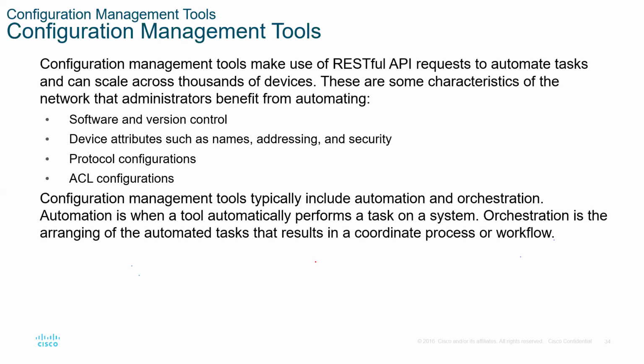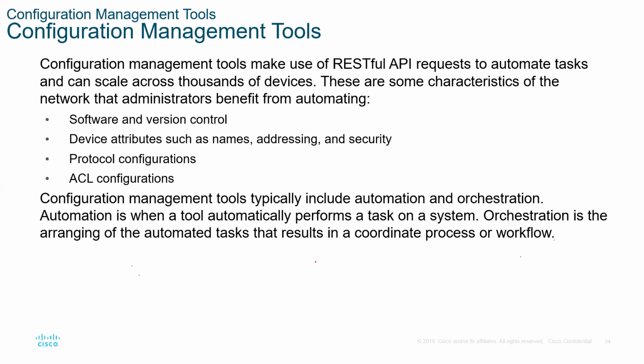So that same concept is used in network automation. We have multiple devices in a network. You use an API to get information or to forward information to multiple devices.